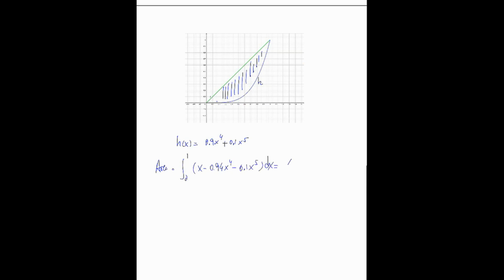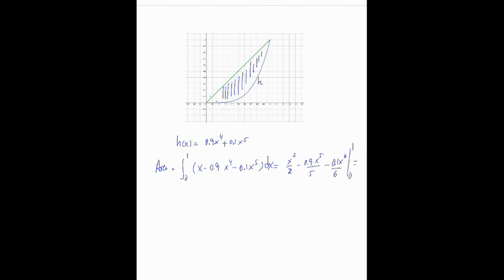So that's x squared by 2 minus 0.9 x to the 5th over 5 minus 0.1 x to the 6th over 6, between 0 and 1. For x equals 1, we have 1/2 minus 0.9/5 minus 0.1/6. For x equals 0, it's 0 minus 0 minus 0.